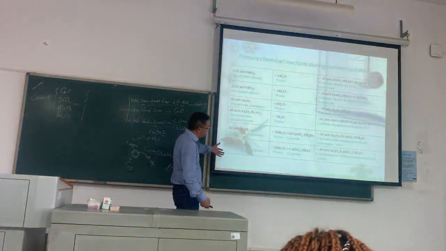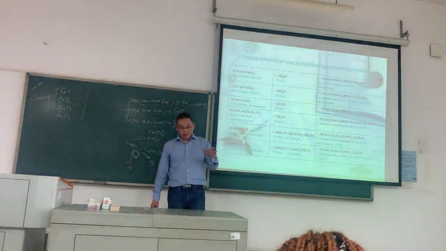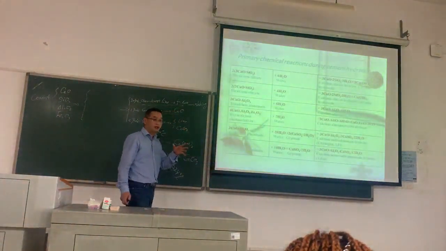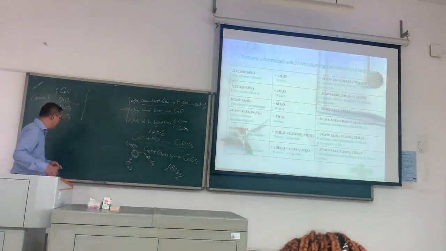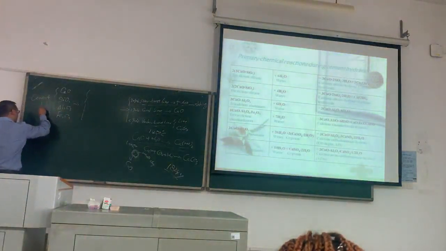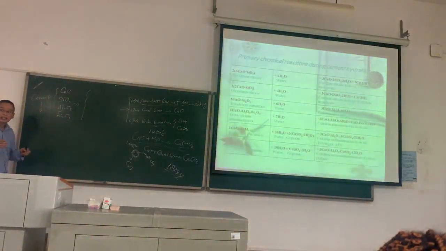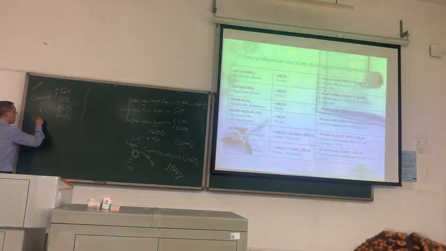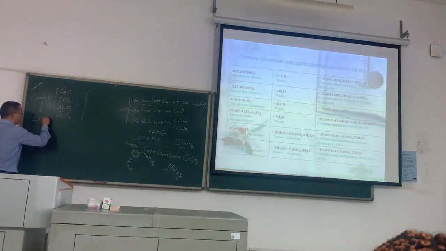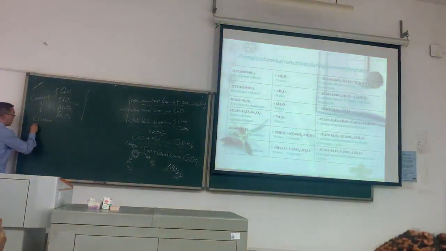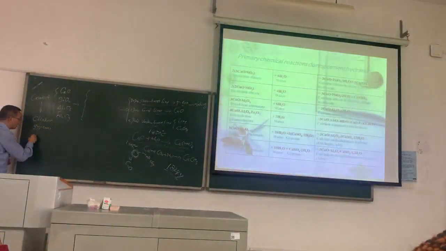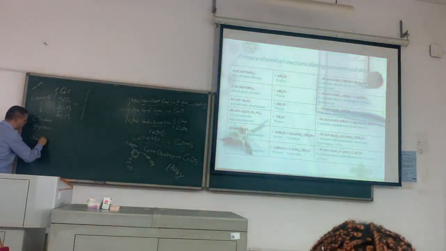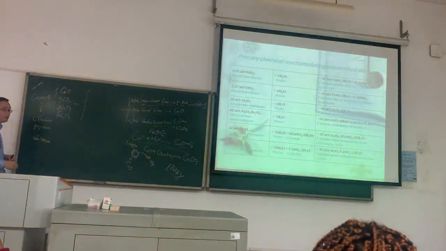So, from this table, it tells us the hydration of the cement. What we can learn is that the cement consists of what? Clinker, the gypsum, and maybe some mixture.